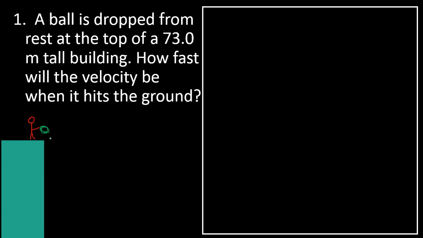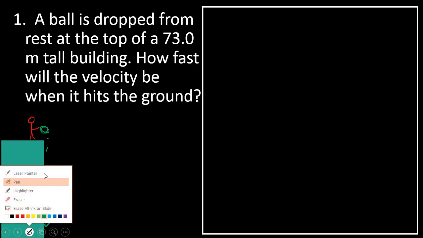And then he drops it, going down in this direction. Now, for simplification, we will just account the height of the boy into this 73-meter tall building. So, what do we have here?